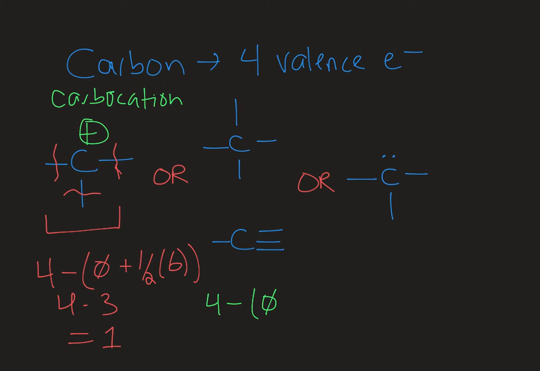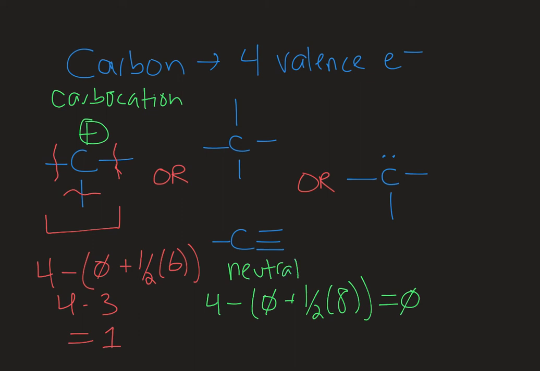There are no lone pairs of electrons on either of those middle carbon atoms, plus 1/2 the number of bonding electrons. Each of these carbons has 4 bonds. Each bond has 2 electrons in it, so that's 8, right? And so that is going to be 4 minus 4, so that's 0. That type of carbon atom with 4 bonds and no lone pairs is neutral.